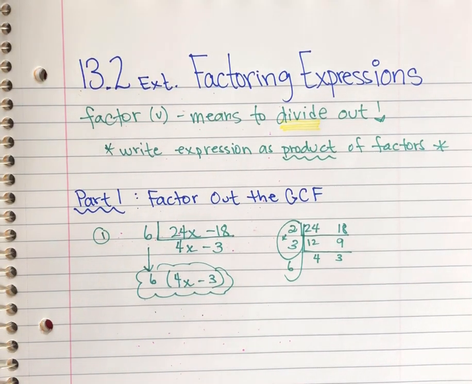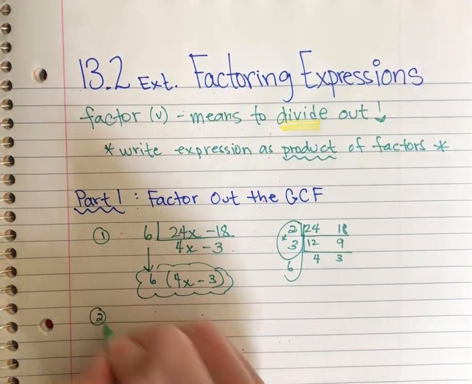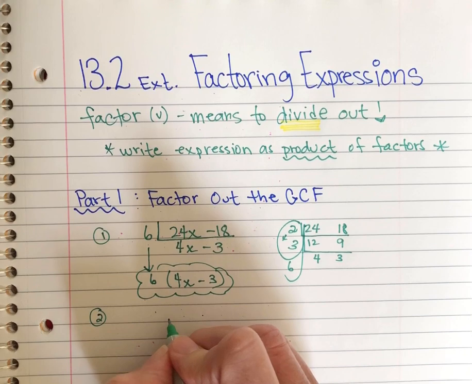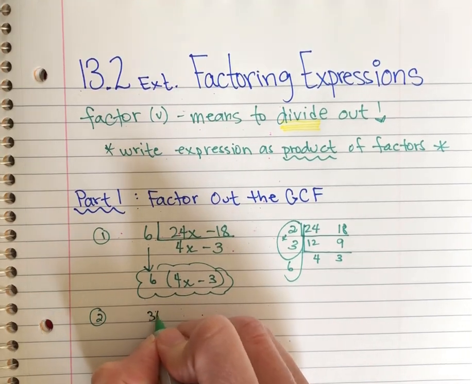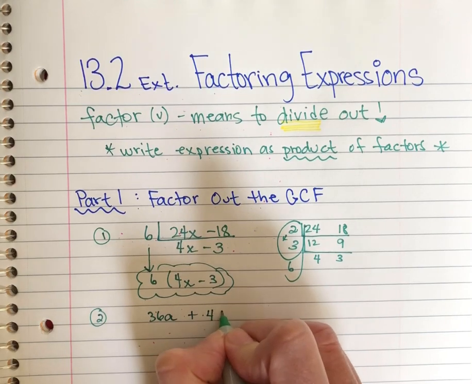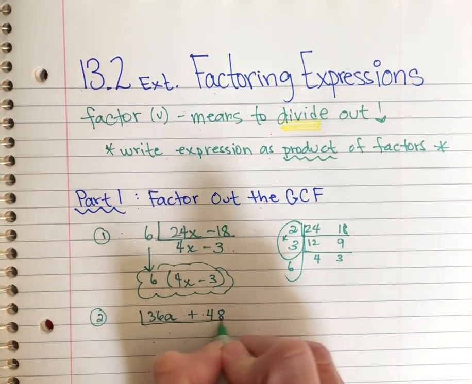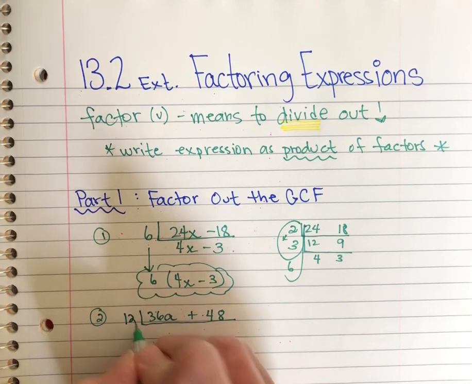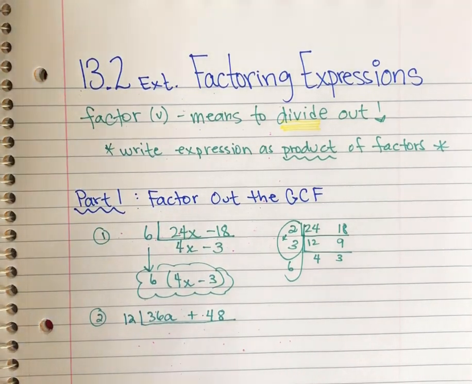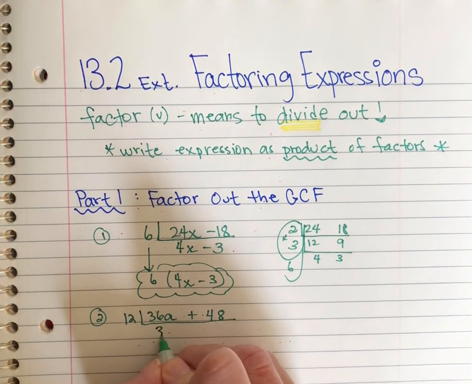Okay, let's try just one more of those just to freshen up that skill. So we'll start with the expression 36a plus 48. I know the greatest common factor of 36 and 48 is 12, so that's what I have to divide by. 36 divided by 12 is 3.